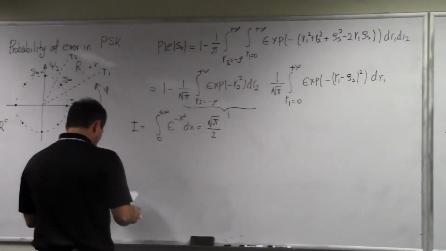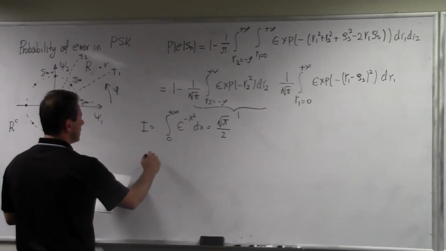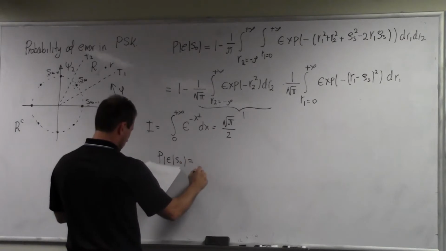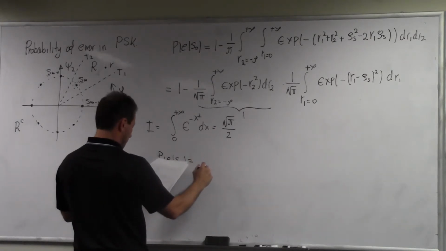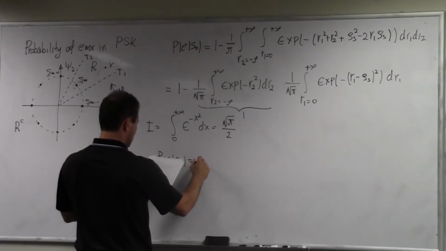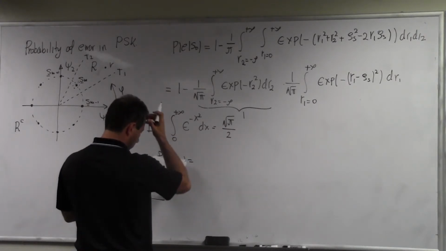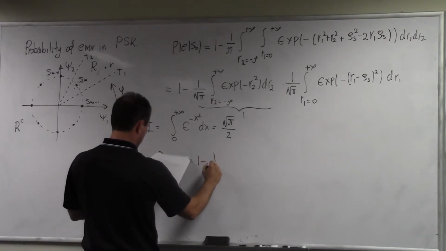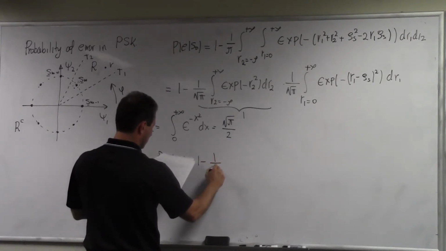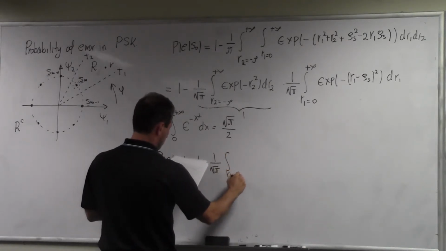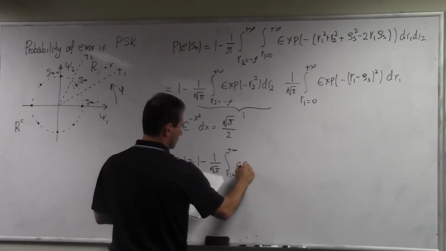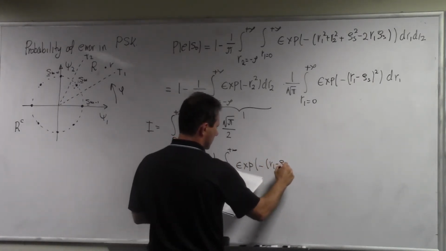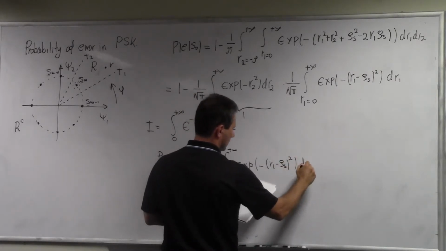Now, the second one is more interesting. I get the probability of error given S0 is going to be essentially 1 minus 1 over square root of pi, integral R1 goes from 0 to plus infinity, e to the minus R1 minus rho s squared dR1.